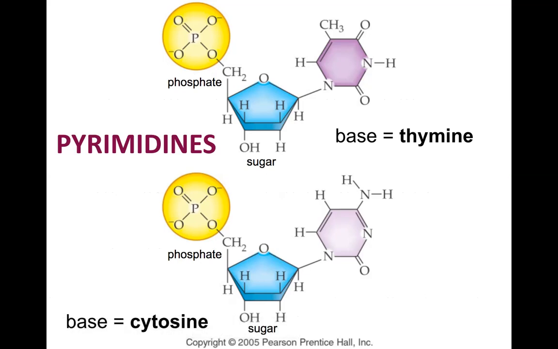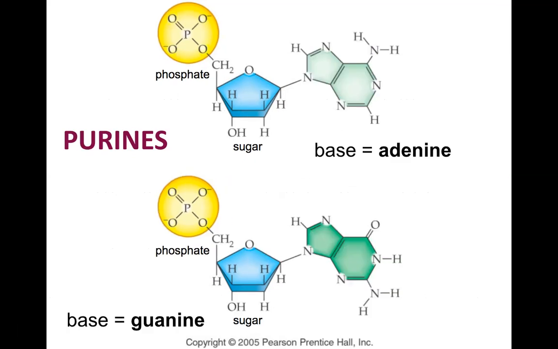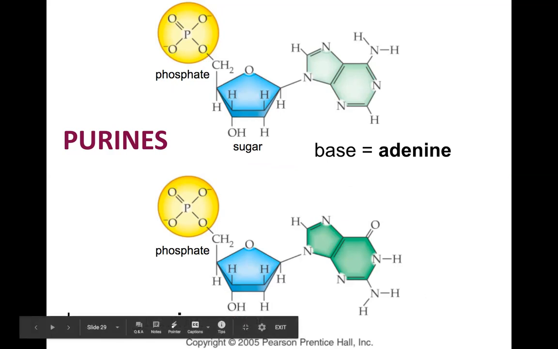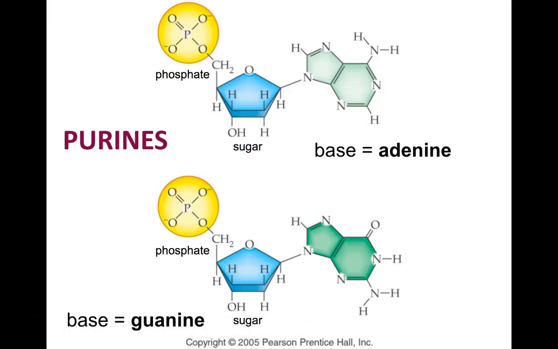In this case, the nitrogen base is thymine on the top one, and down here on the bottom is cytosine. Now, if you take a look at purines, they are also made up of the same 3 parts as a nucleotide. There's a phosphate group, there's a sugar, and then it's bonded to a different base, the adenine, and then the guanine that you see on the bottom.